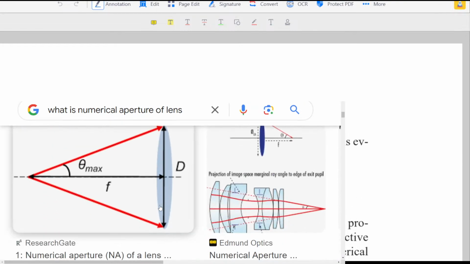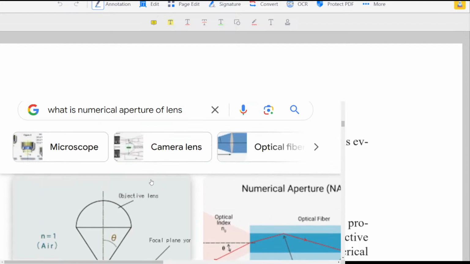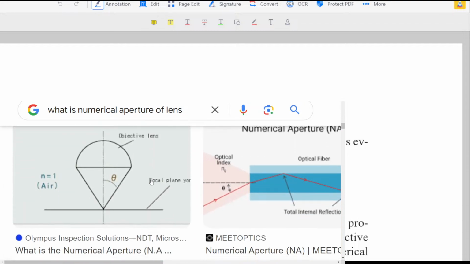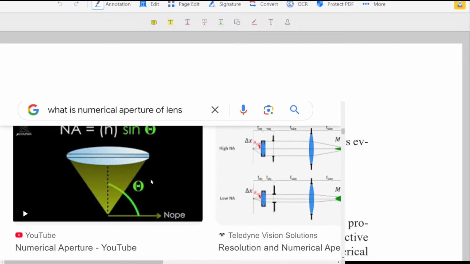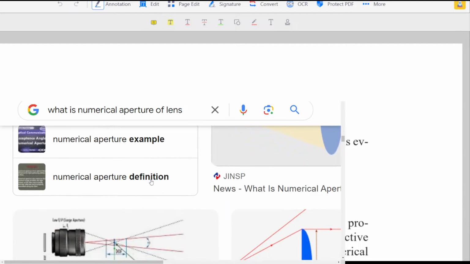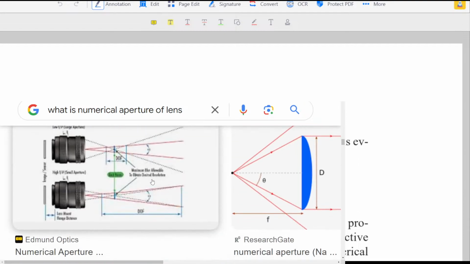So they are talking about this D. The distance. The distance is smaller. Objective lens. I need a better diagram for this. Or should we go watch a YouTube video?